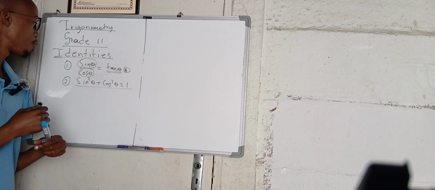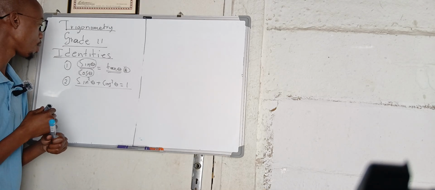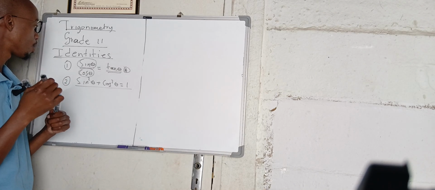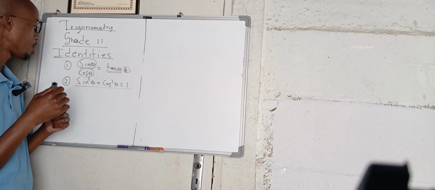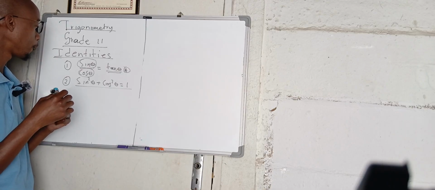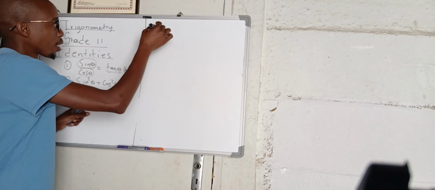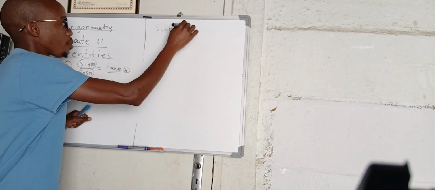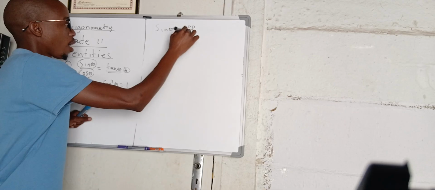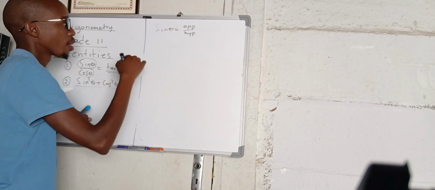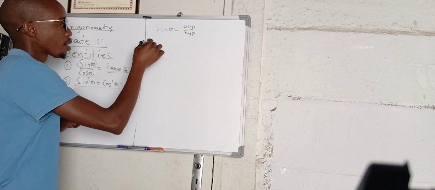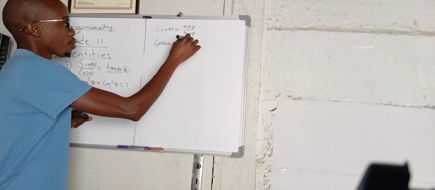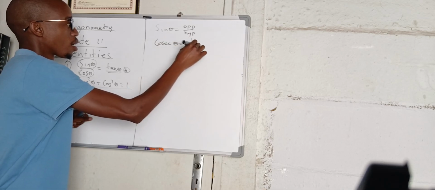So what is it that we have in grade 11? This is something, rather, even in grade 10, but let me say this. When I say sine theta is equal to opposite over hypotenuse, we have the reciprocal of sine theta, which is cosecant theta, which is basically 1 over sine of theta.